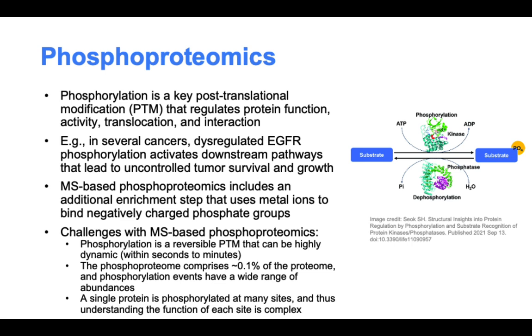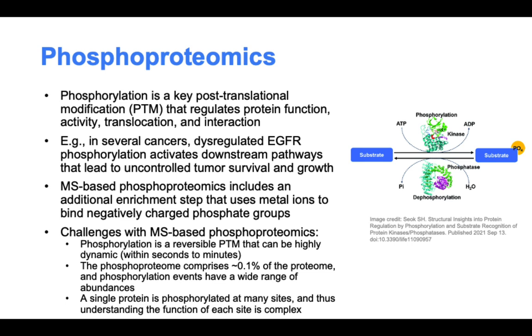So there are a lot of challenges with trying to study phosphoproteomics. The first is that phosphorylation, as I mentioned, is a reversible modification, and it's highly dynamic. Studies have shown that it changes within seconds to minutes, which is maybe shorter than it will take you to collect the sample and run the mass spec and all of that.